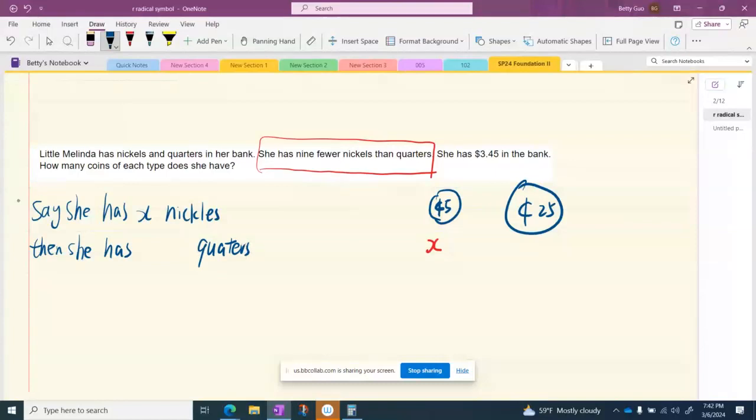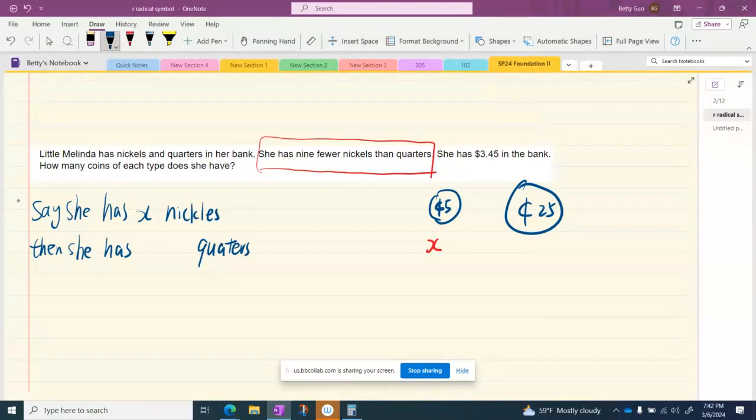She has 9 fewer nickels than quarters. So she has more quarters or more nickels? I think she has more quarters, right? She has 9 fewer nickels than quarters. So she has more quarters than nickels. How many more?